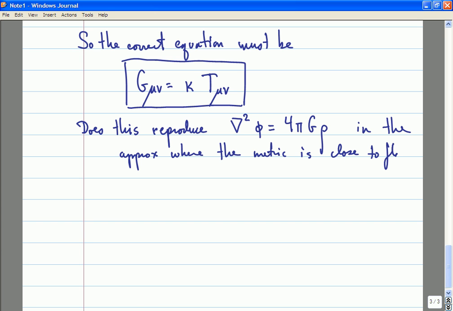And so I remind you that Newtonian gravity is described, as we saw last class, by a metric which is given by the Minkowski metric with a correction term that is proportional to minus 2 phi in the TT component of the metric.